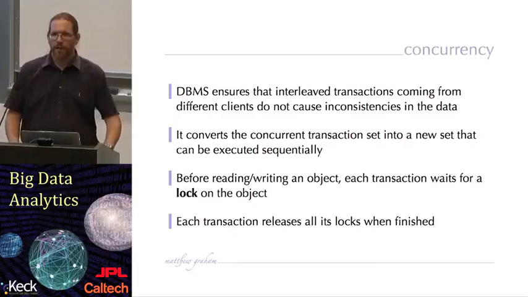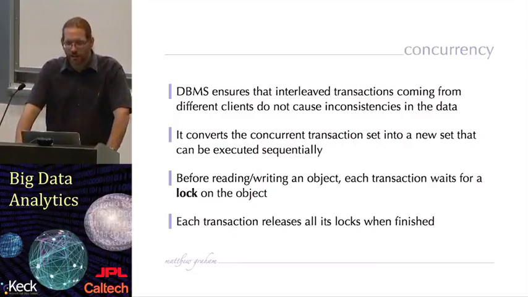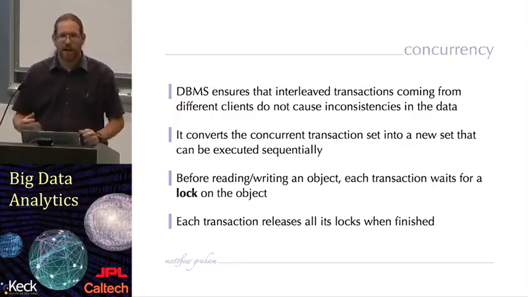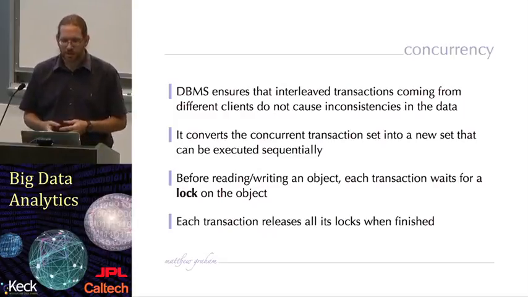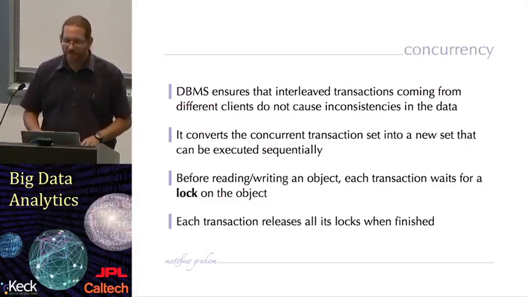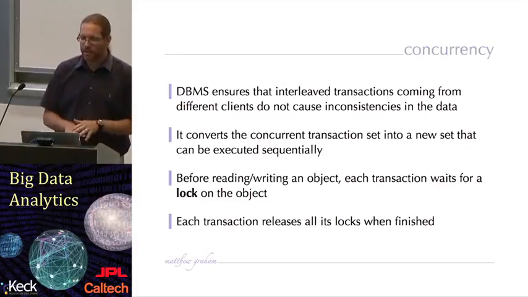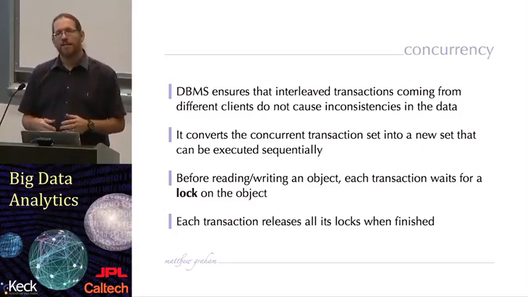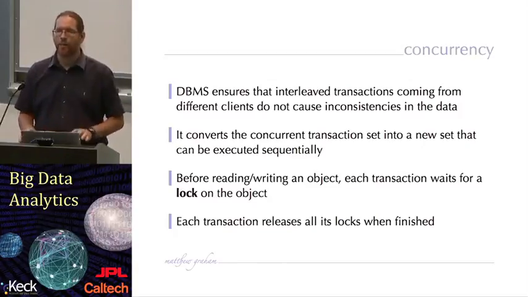One issue with relational databases is the notion of concurrency. What happens if I have multiple transactions going on at the same time, coming from different clients? The database management system ensures that those interleave very nicely and that they don't cause inconsistencies in the data that they are working with.